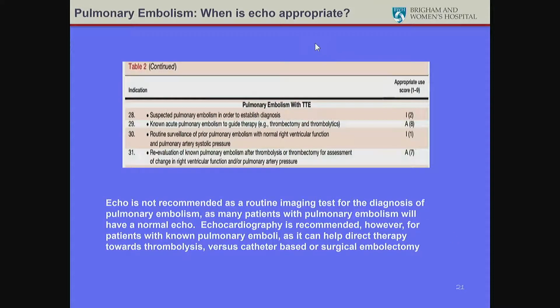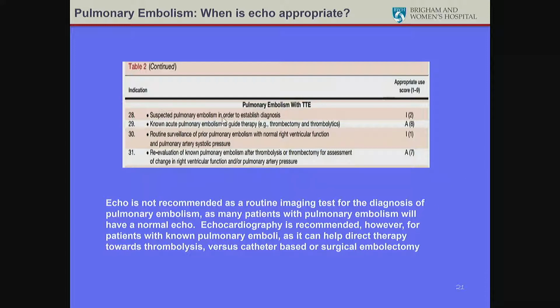So this slide comes from the ASE appropriateness criteria. And so when is echo appropriate in pulmonary embolism? Again, echo is not recommended as a routine imaging test for the diagnosis of pulmonary embolism, as many patients with pulmonary embolism will have a completely normal echo.